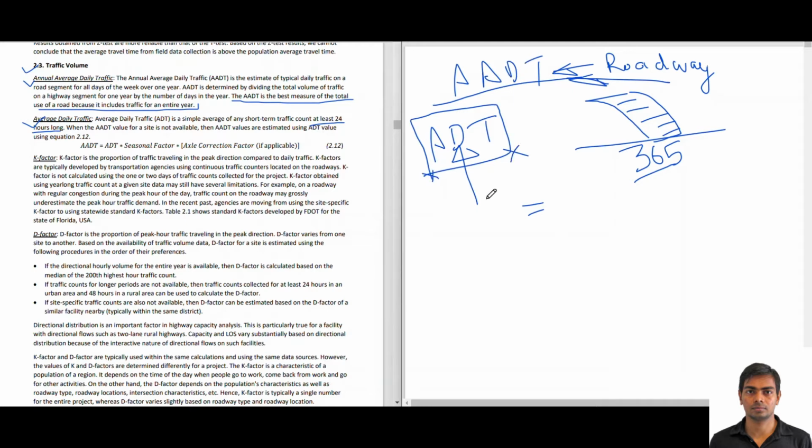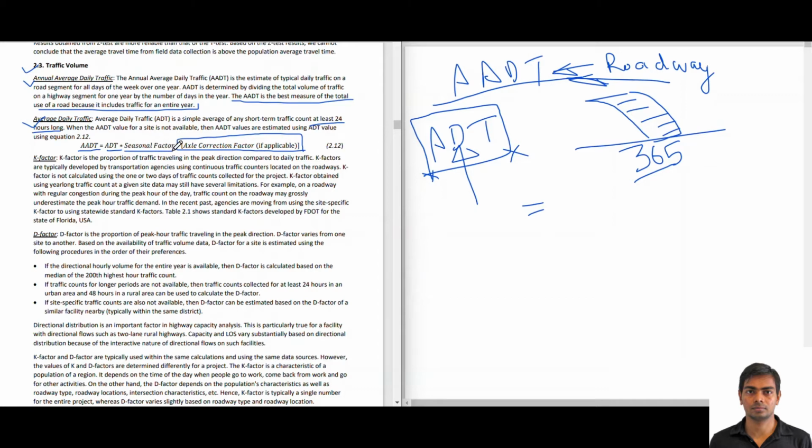So when we are trying to estimate AADT, we can use this equation. AADT is equal to ADT multiplied by seasonal factor, multiplied by axle correction factor, which is usually done by the Department of Transportation, and we do not actively use it. So AADT is ADT multiplied by seasonal factor.